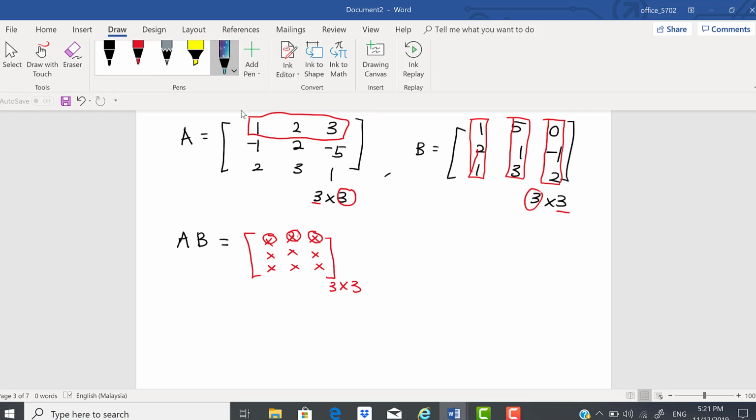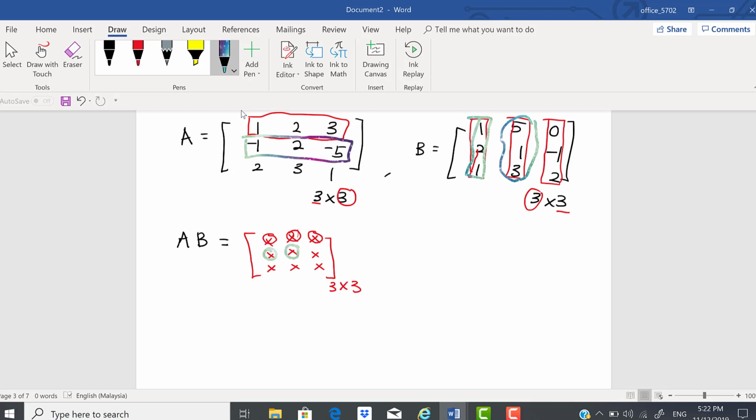For the next value, this one is the second row of matrix A. You must multiply it with the first column of matrix B, so you will get the value here. Then you do the same, negative 1, 2, negative 5 times the second column of matrix B, and we get the value here.